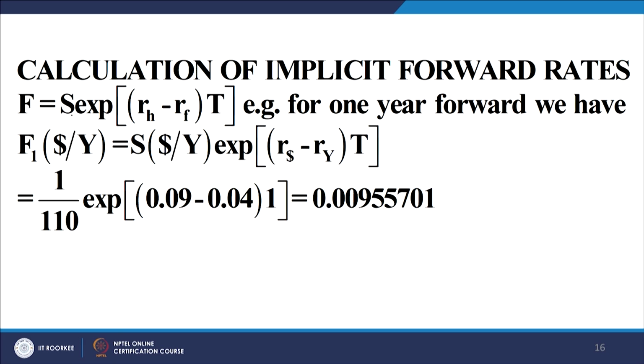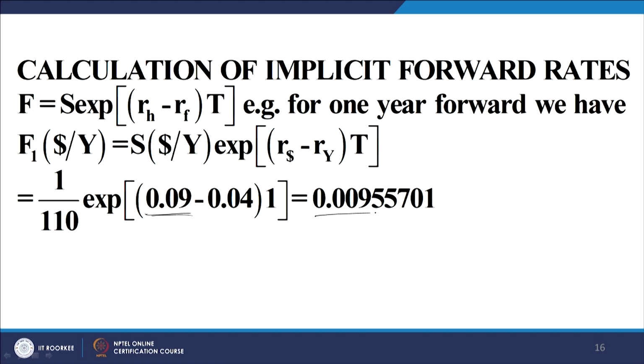So, for example, for the 1 year forward rate, we have F1 dollars per yen equal to the spot rate of dollars per yen, which is given as 110 yen equal to $1, or 1 yen equal to 1 upon $110, which is being used here, times the exponential. Please note, this is not the swap rate, this is the current rate, and this is the maturity of 1 year.